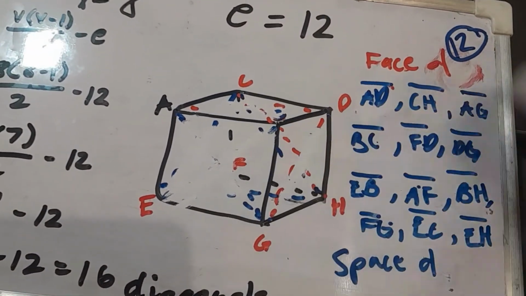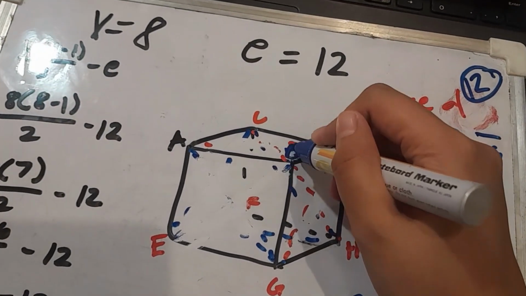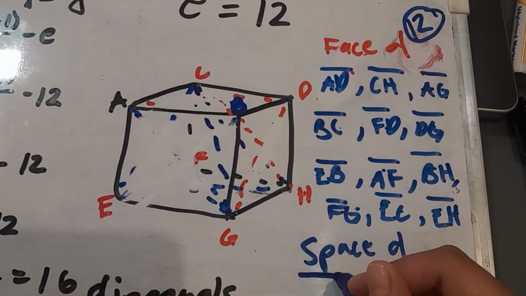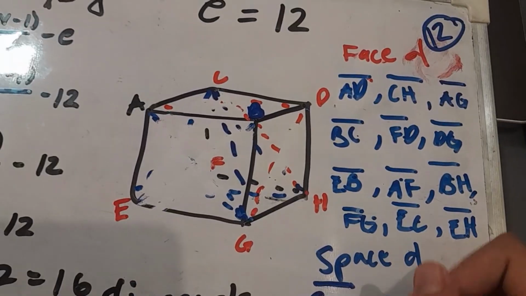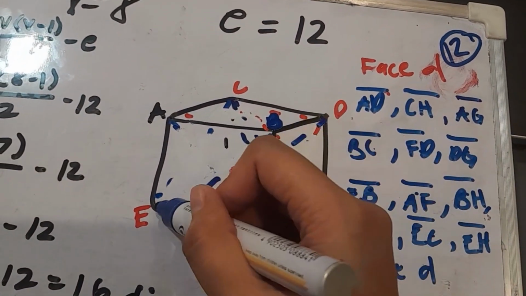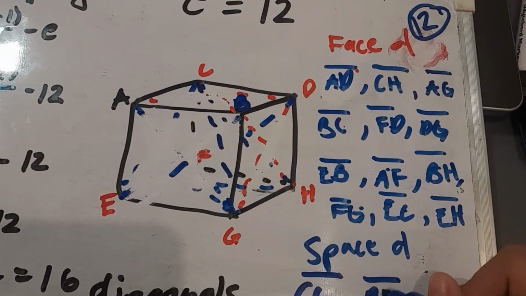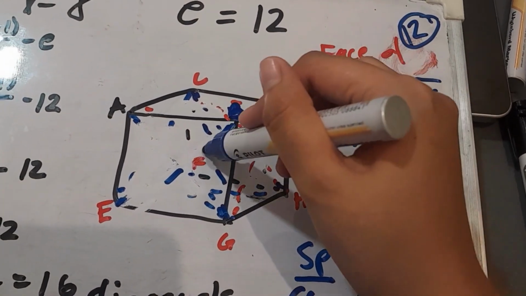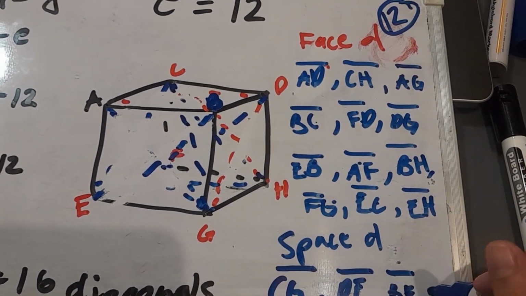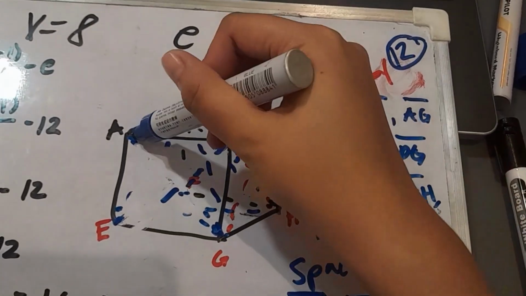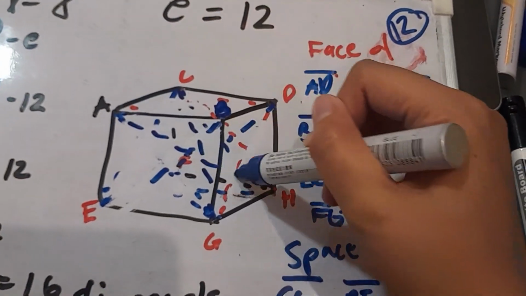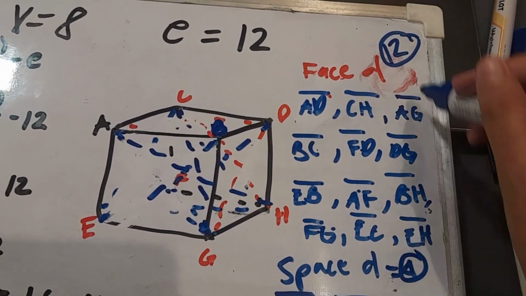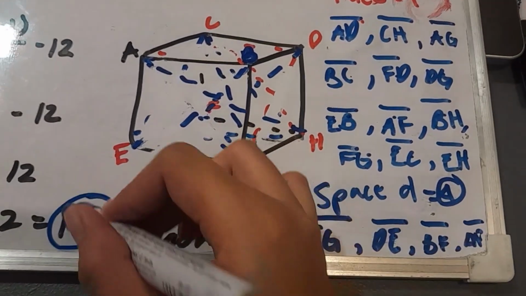The space diagonal there is, here is B pa rin, C to G, line segment C to G, line segment D to E, line segment BF here to there, and the line segment A to H. So, in total of 4, which is 4 plus 12 is 16 diagonals.